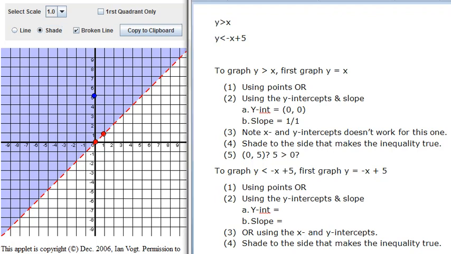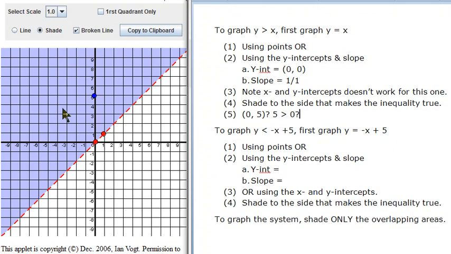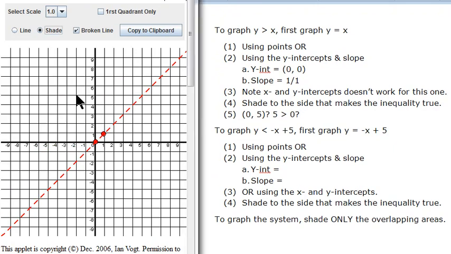Now to graph the second inequality. I'm worried about overlap, so I'm going to undo this, but just remember that that's where it was shaded. To graph y is less than negative x plus 5, I can first graph y is equal to negative x plus 5. I could use points. If I put in 0, I get 5, so maybe 0, 5, 1, 4, 3, 2, and so on.